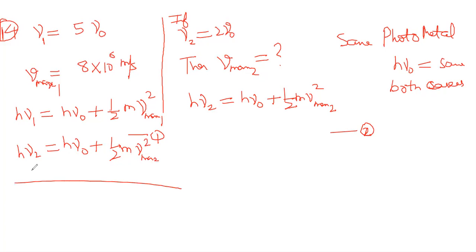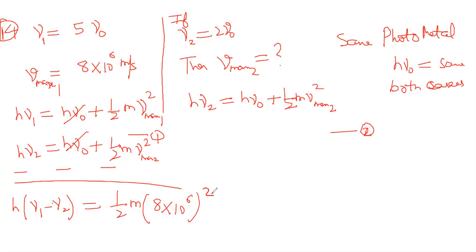Subtract the first equation from the second equation or vice versa. H nu naught will get cancelled anyway. So on the LHS, h into nu 1 minus nu 2 equals half m into Vmax 1 square minus Vmax 2 square. Vmax 1 is 8 into 10 power 6, so that squared, minus Vmax 2 square, which we do not know.